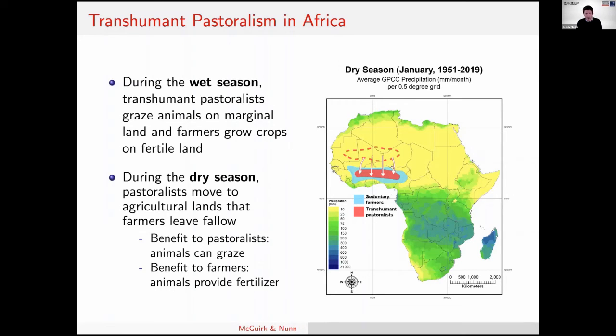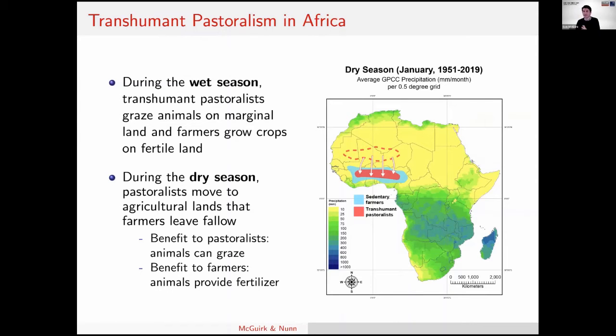For the pastoralists, their animals are going to be able to graze down here in the agricultural land during the dry season. Even though it's the dry season, there's still enough phytomass being produced in this more fertile land to sustain the animals. And the benefit to farmers is that the animals are going to break up the ground, and they're going to provide organic, nitrogen-rich fertilizer. So this is what a typical year is going to look like.